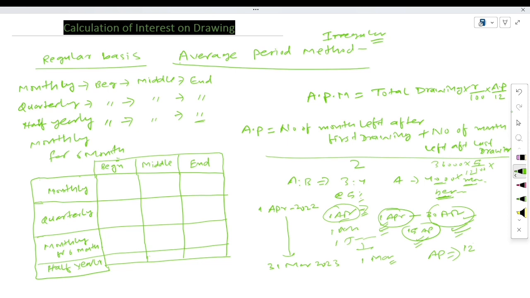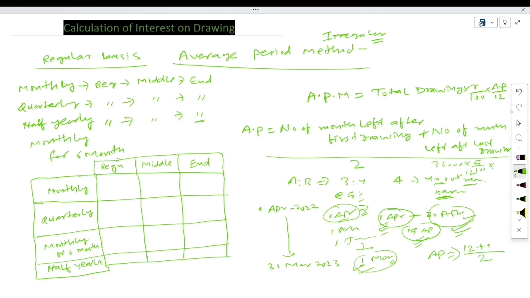And number of months left after last drawing. Your last drawing is happening on 1st March. How many months will be left here? Only March month you will calculate here, because you are drawing on 1st March. It means whole March month you will have to pay the interest. So here 1 month, upon 2.